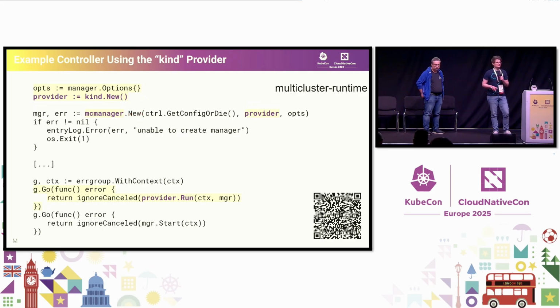It's fairly similar to a normal controller runtime manager, with the difference that you're passing a provider in. This is where I plug in the kind provider, and I also start the provider at a later part of the code. And this is basically it. This is your controller now being a multi-cluster runtime controller.